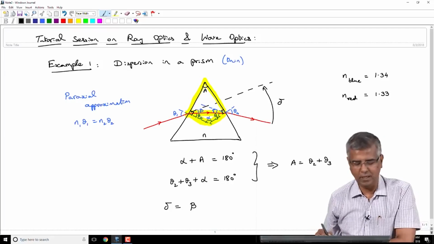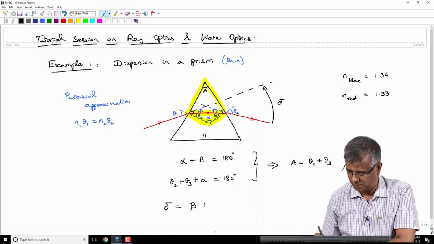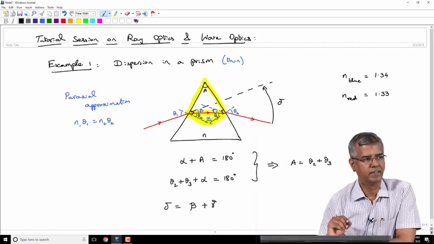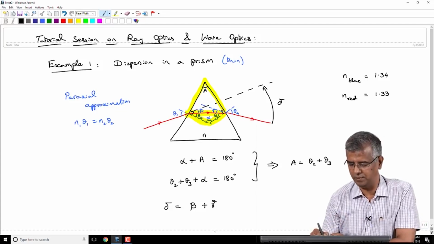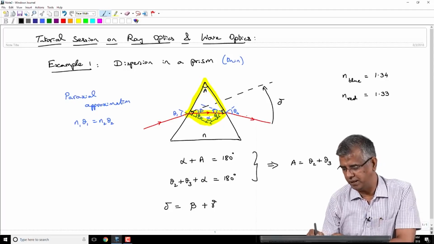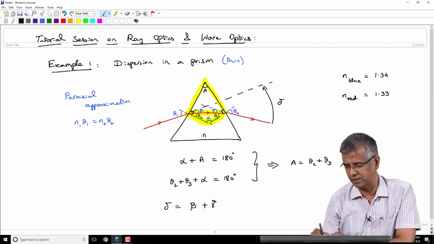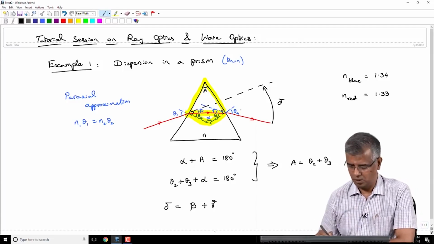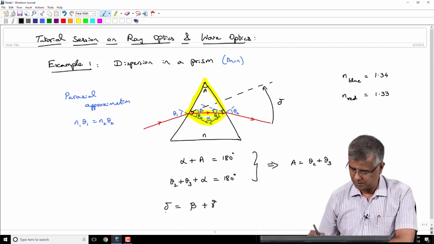So if the internal angle I have expressed as gamma, if I look on the other side of the interface and stretch that red ray across, then that angle would also have to be gamma. So delta equals beta plus gamma.